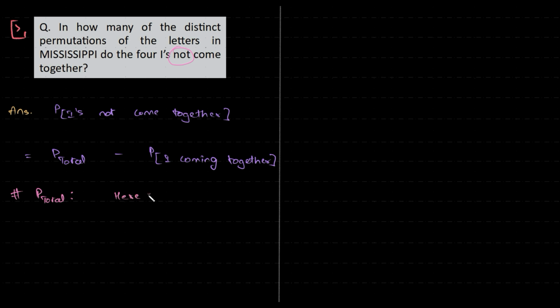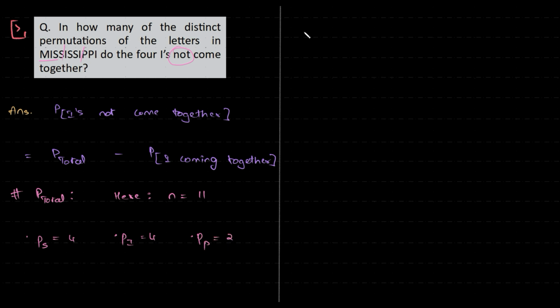Since we are handling all of it, n is what? We have 11. We are using all of it, so r is also 11. But this is a special scenario. We have things repeating, like S is repeating 4 times, I is repeating 4 times, and P is repeating 2 times.